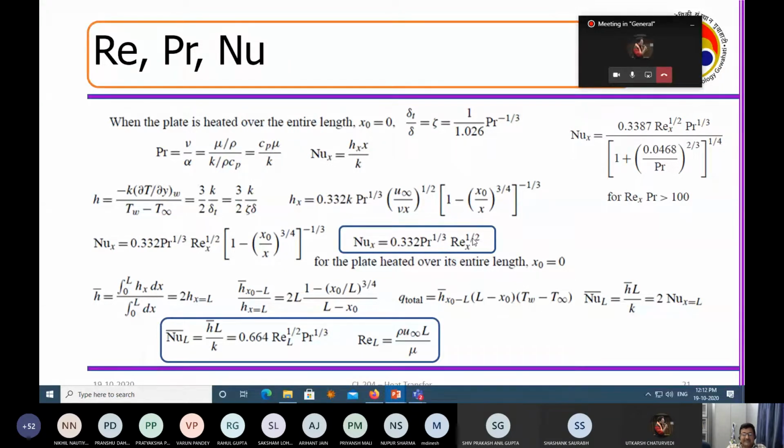This heat transfer course actually gives you the first introduction to these numbers. Of course, fluid mechanics gives you the introduction to Reynolds number, but Prandtl number and Nusselt number also are very famous dimensionless numbers.